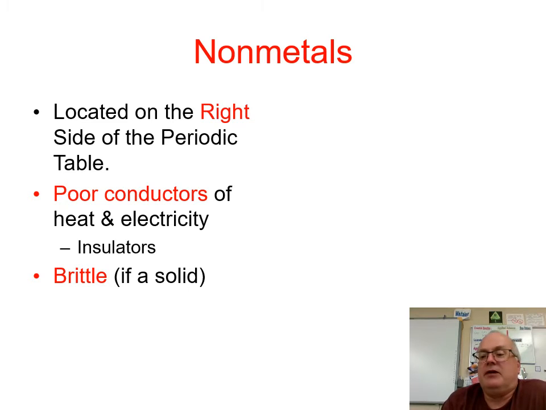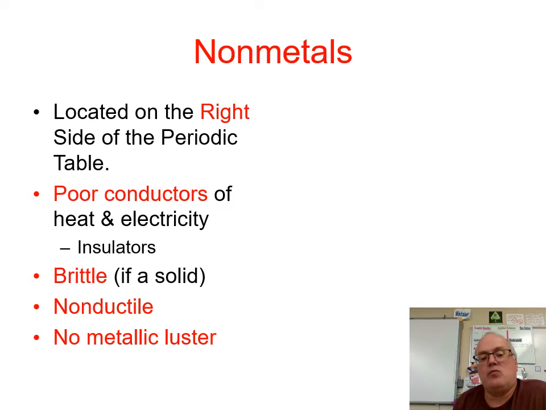If you try to pound them, they will break. They're brittle, if they're a solid, because not all nonmetals are solid. You can't pull them into thin wire, so they're not ductile. They do not shine. They don't have that reflective quality that metals have, so they have no metallic luster.